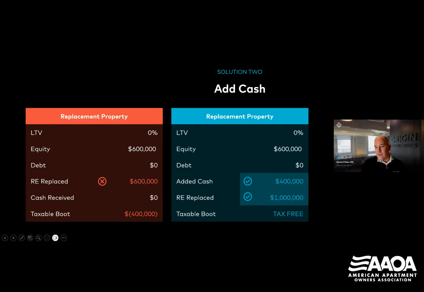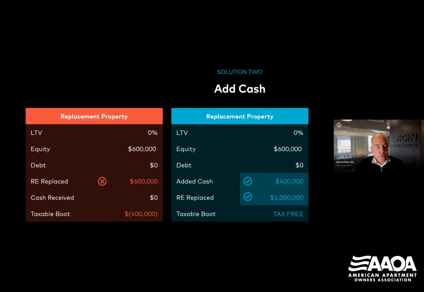The second thing you could do is add cash. This is actually less known out there. Most people say you have to replace your mortgage debt. You do, but you don't have to replace it with more mortgage debt. So you can replace debt with cash. You cannot replace cash with debt, just like we showed in that first example, where you had to pay taxes.